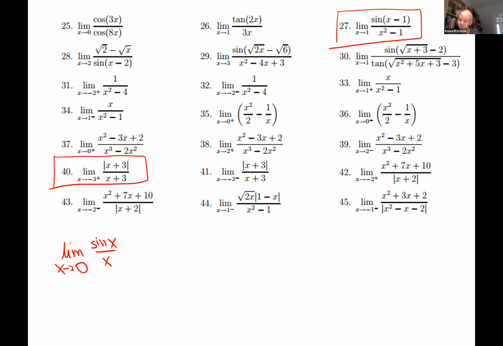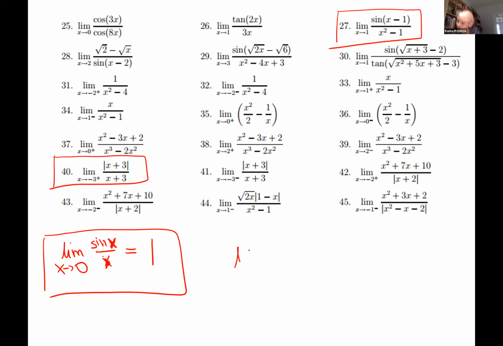Do you remember that limit from section 2.4? Sine of 0 over 0? The limit is 1. But how can we read this limit? This quantity, that x and that x have to be identical.